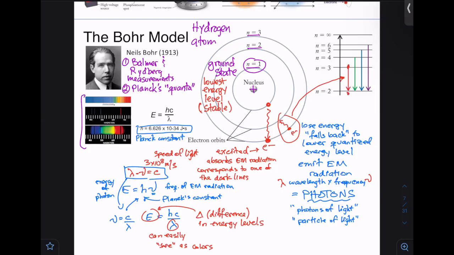That's going to emit a photon of light that we can measure. The arrow is colored in red, and that's going to correspond to this red spectral line here. This red spectral line comes from the excited electron at n equals 3 that loses a packet of energy to fall back down to n equals 2.